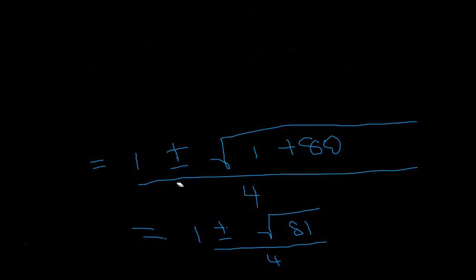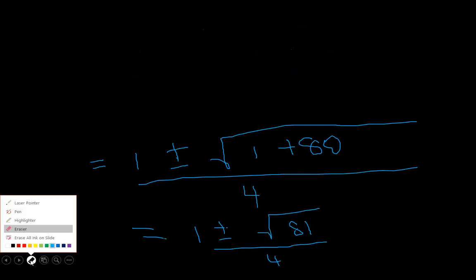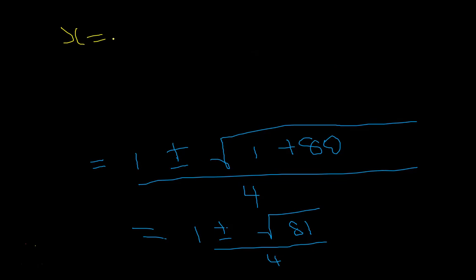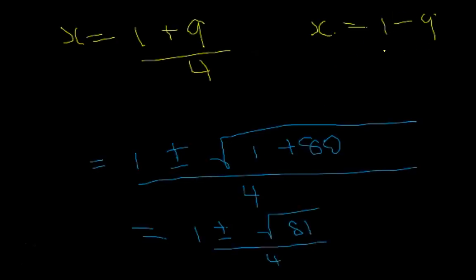So using the formula, I just found out that the values of x would be: x is equal to 1 plus the square root of 81, which is 9, so I'll just put 9 divided by 4, or 1 minus 9 divided by 4.